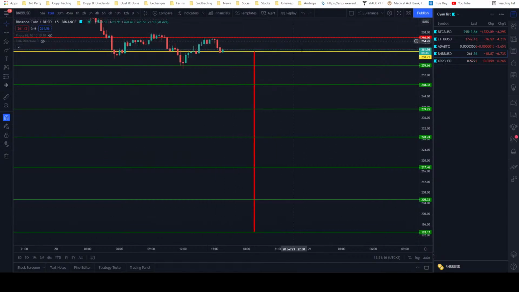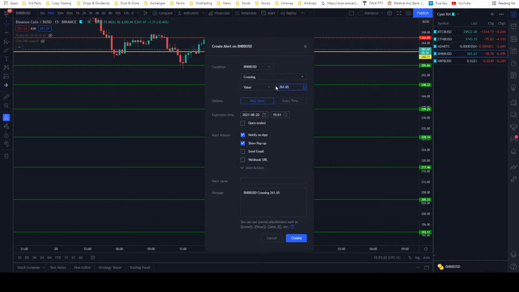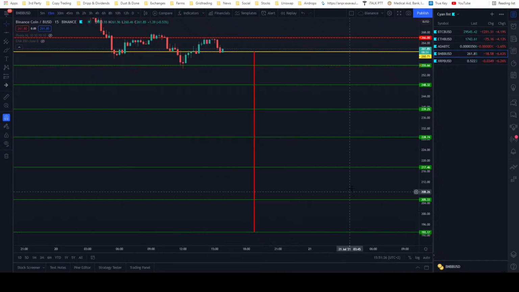If the market goes down and it's my next green line, I need to know to come and put in my new sell limit order for profit, and just move my limits. As you can see, Binance coin all set up and done.